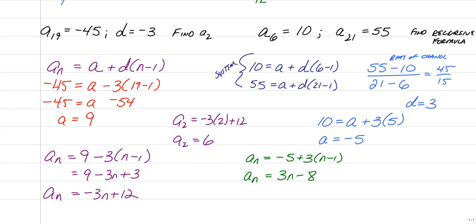So we know that the common difference is 3. So to write this as a recursive formula, our recursive formula would be a sub n is equal to the term right before it plus our common difference of 3. Okay, so that right there is our recursive formula.